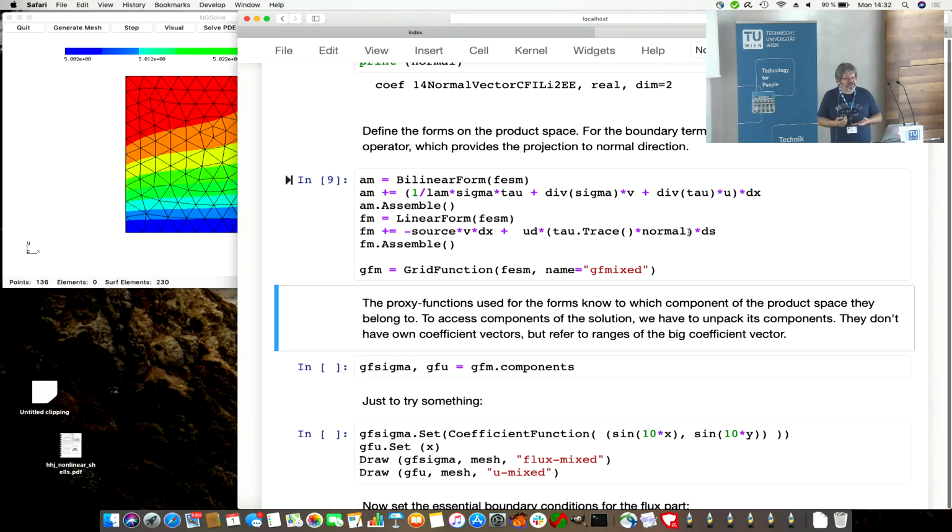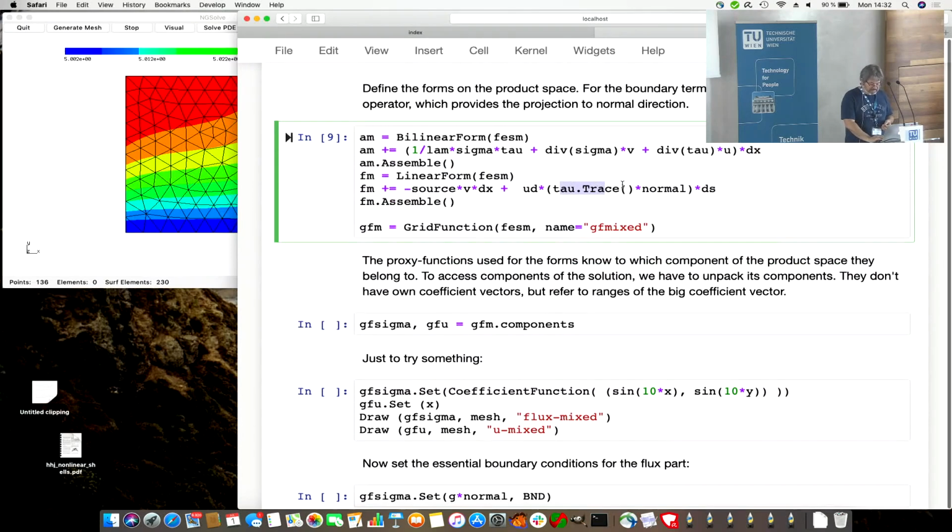But the boundary integrals are implemented only by degrees of freedom from the boundary, which allows us only to recover the boundary component from this. And to make it clear that we are talking about the boundary trace, we have to write dot trace. That we remind the maths definition that the HDiv has only normal component trace. This gives us only the boundary values in normal direction. It's a vector, and if we dot it with a normal, we get a scalar.